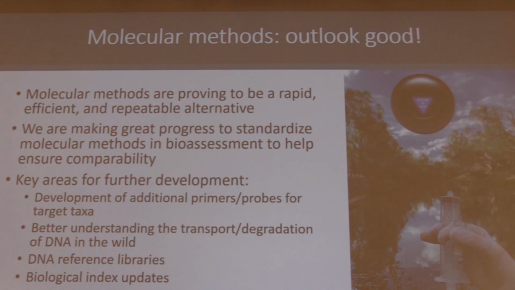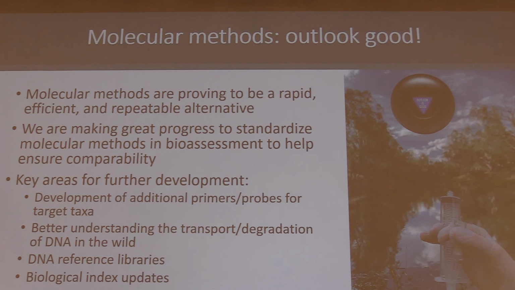All right, so I would just end by saying, the outlook looks good for incorporating molecular methods into bioassessment programs. These methods are already proving to be a nice, rapid, efficient, repeatable alternative to traditional microscopy or morphology-based methods. We're making great progress to standardize them.